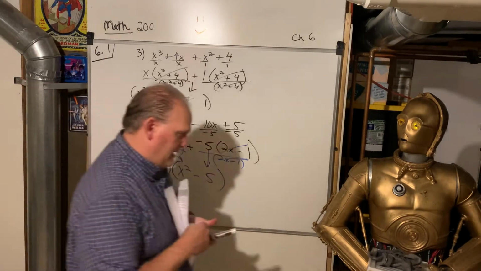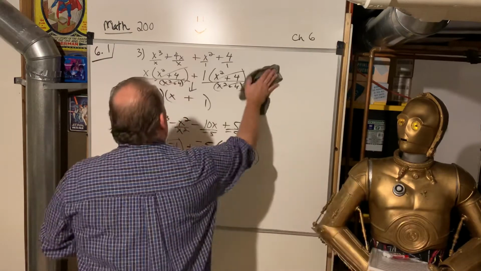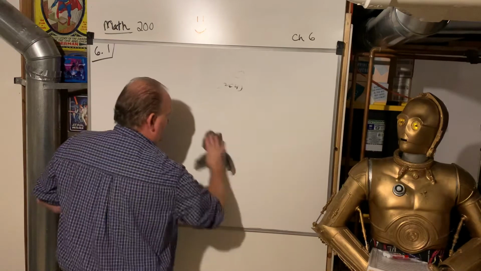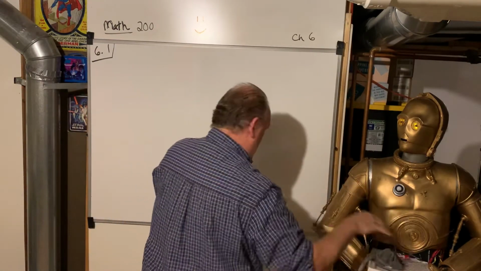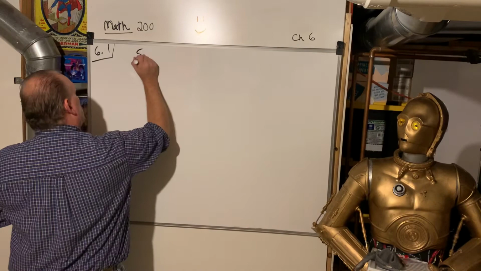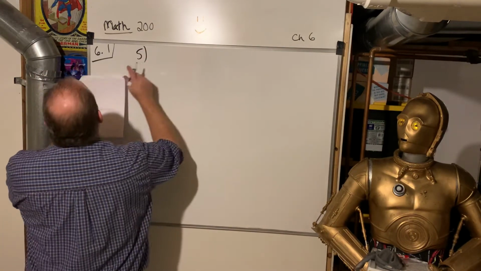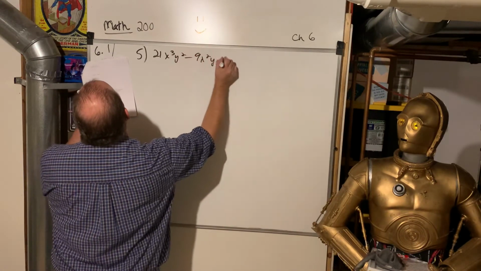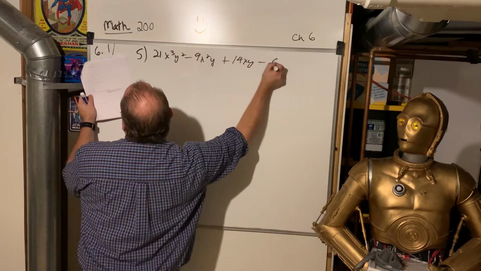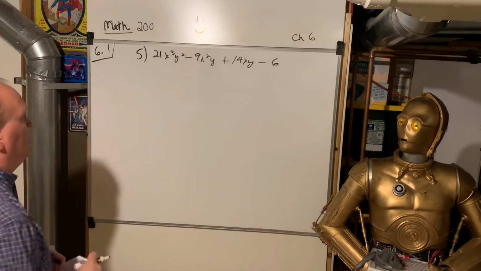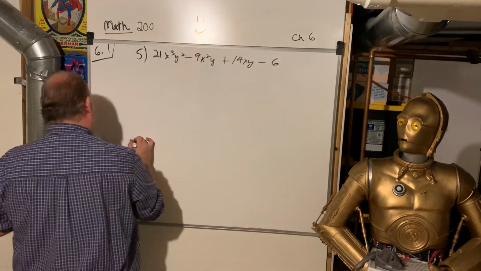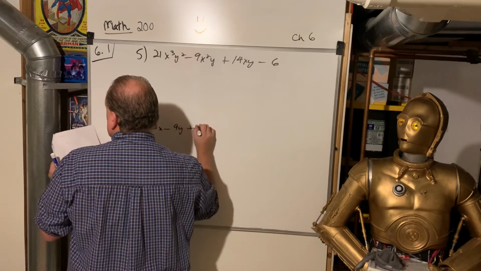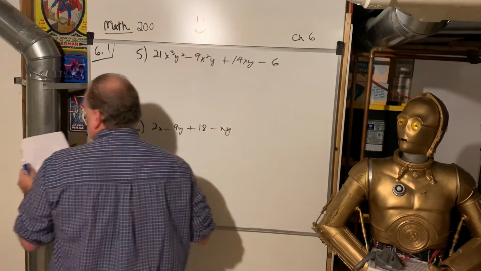Okay, let's look at 5, 6, and 7. And 6, we're going to have to rearrange it. 2 plus 18 minus xy.